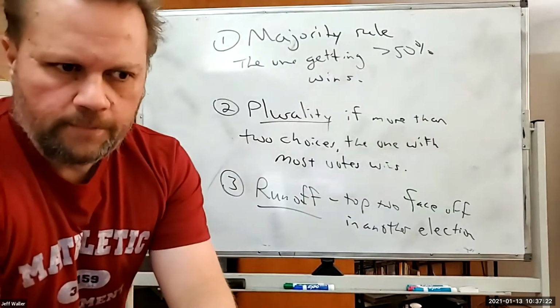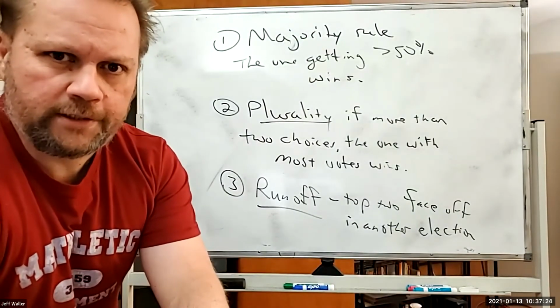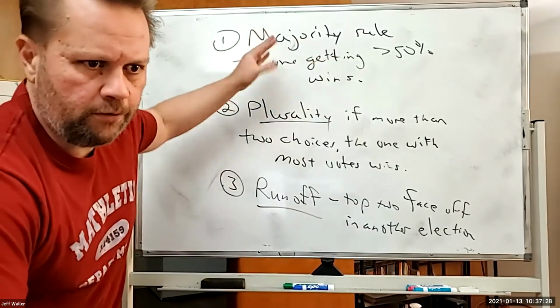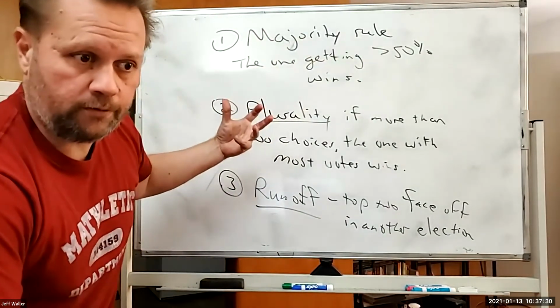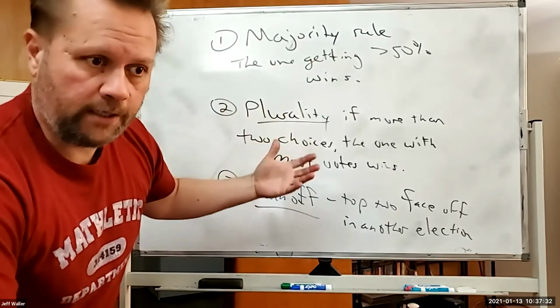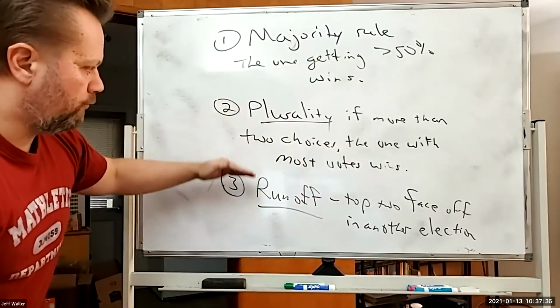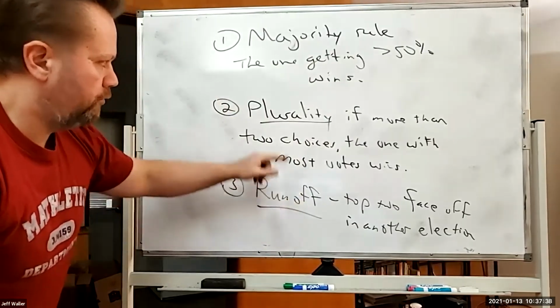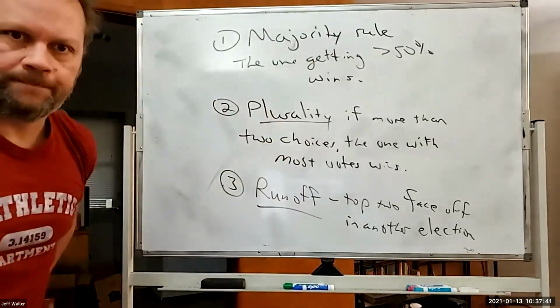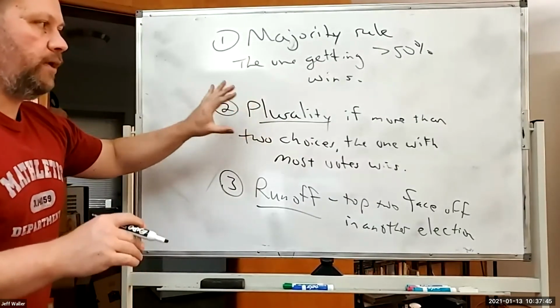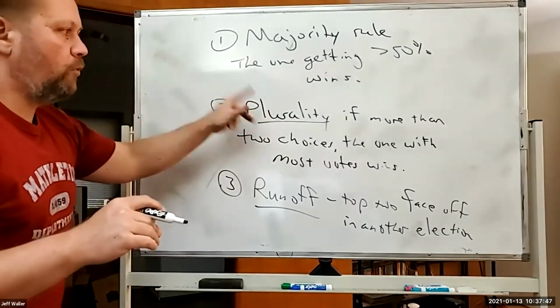How are we doing so far? This is not too crazy. Majority works best when there's only two. Plurality is what we sort of do in our presidential election, though it has some extra complications. And runoff is trying to improve on plurality, because plurality comes with the possibility of the spoiler effect.